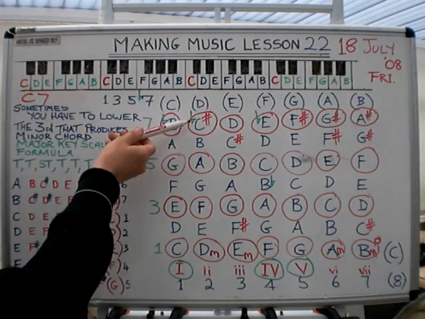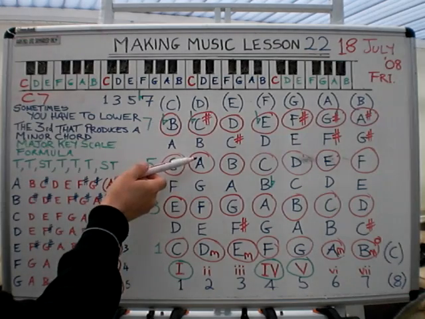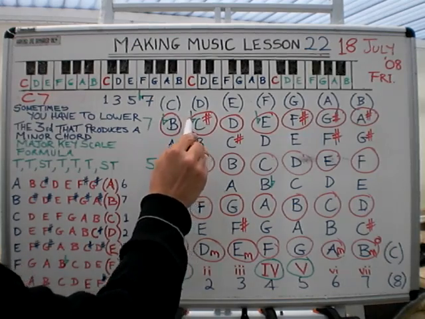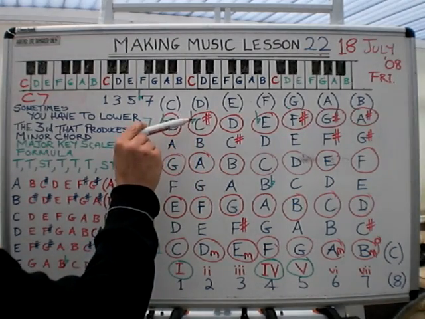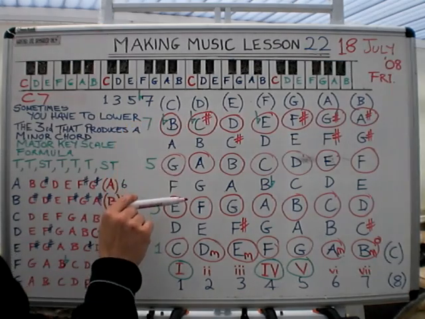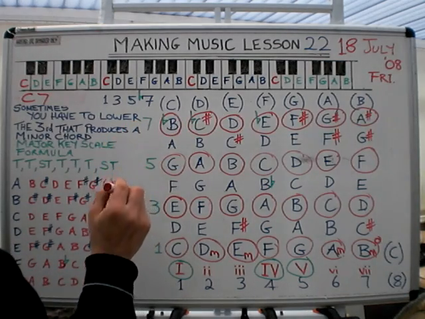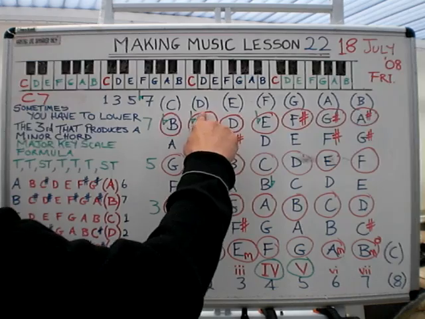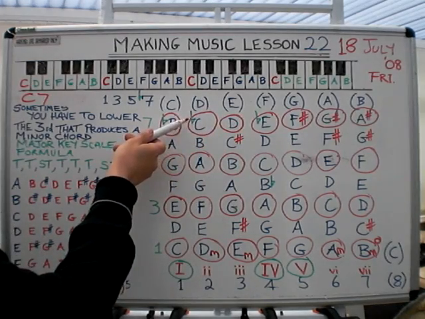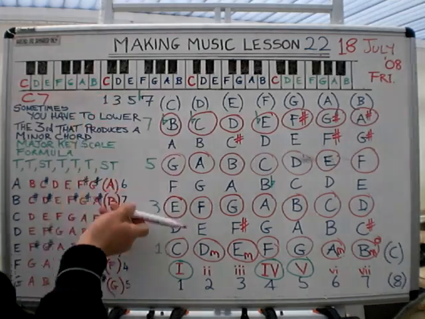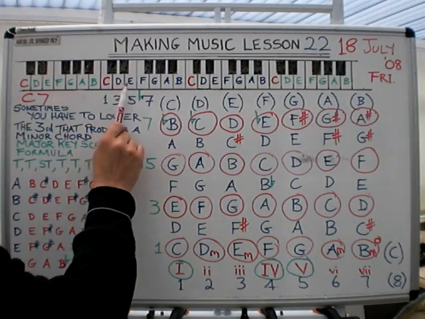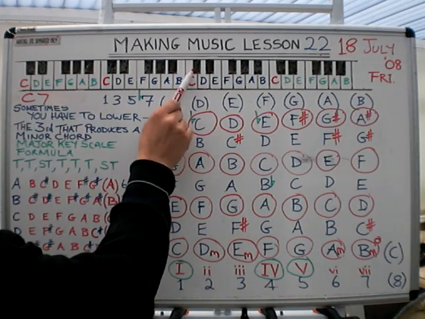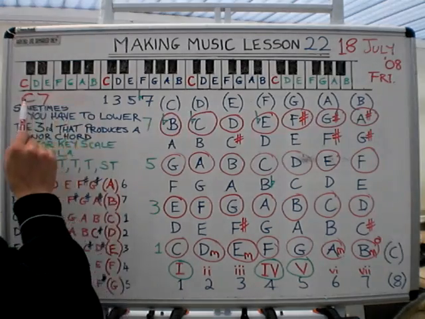We showed D, F, A, C sharp. Now we had to flatten that to turn it from a D major 7 to a dominant 7. So I'm going to remove that sharp because we've lowered it, flattened it. D, F, A, and it was originally a C sharp, but we've lowered it to make it a dominant 7.